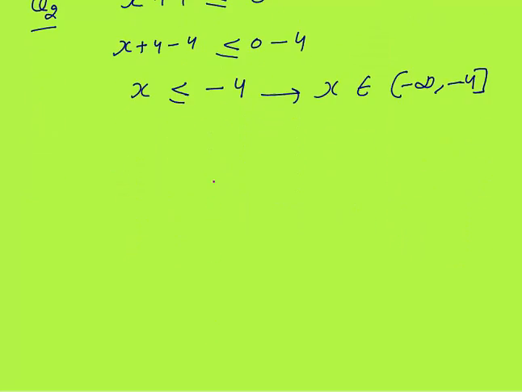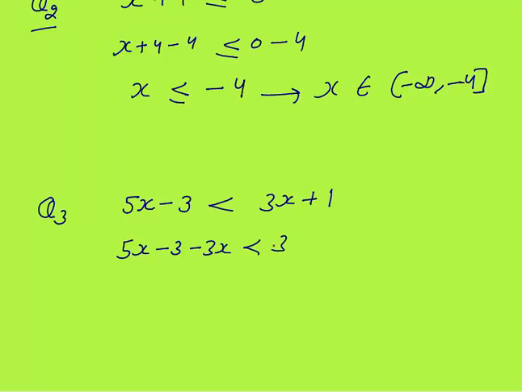Question number 3 is 5x minus 3 is less than 3x plus 1. Again, first subtract 3x both sides. 5x minus 3 minus 3x, 3x plus 1 minus 3x.